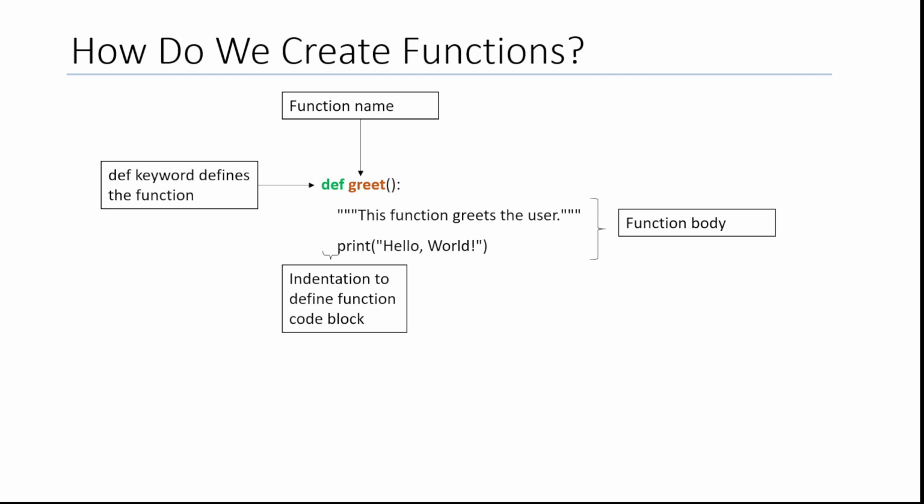So here greet is the name of the function, the colon marks the beginning of the function body. The comment provides a brief description of the function's purpose, and the print hello world is the body of the function. In Python, you need to indent the body of a function. PyCharm automatically indents your code. Otherwise, you will have to indent it yourself.